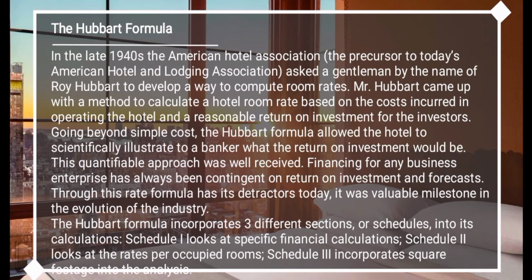After a series of revisions and reordering of the formula, it was not until 1951 that the American Hotel Association was authorized to consolidate the three phases of the Hubbard formula into a pamphlet for distribution.